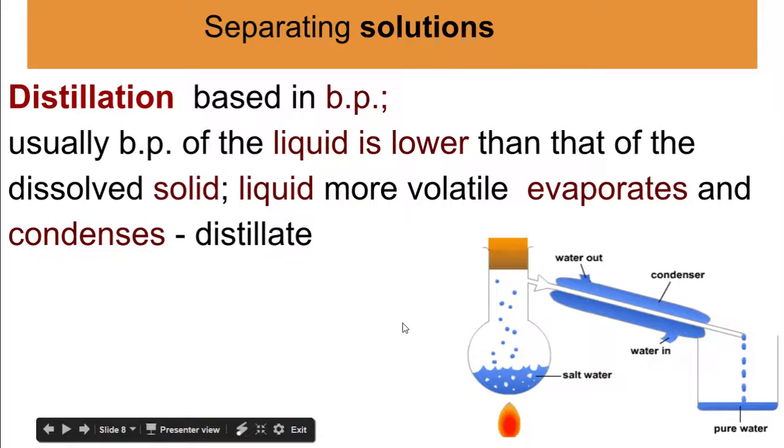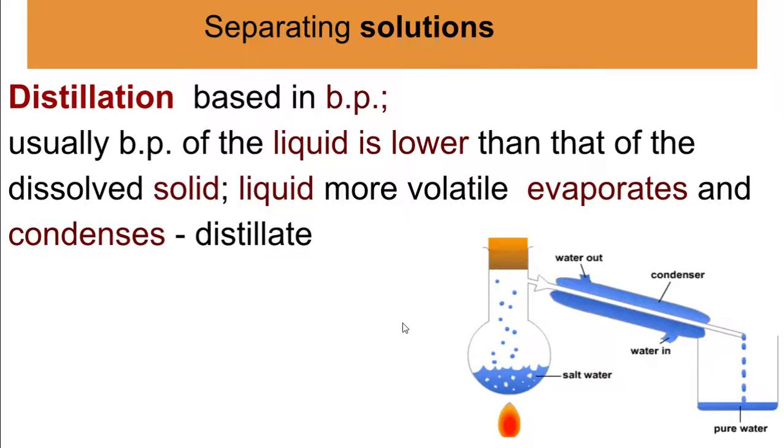Another way that we separate a solution is distillation, which is based on boiling point. Usually, when we have a solution of a liquid and a solid, the boiling points are very different. But if we have two liquids, the boiling points are really close to each other.